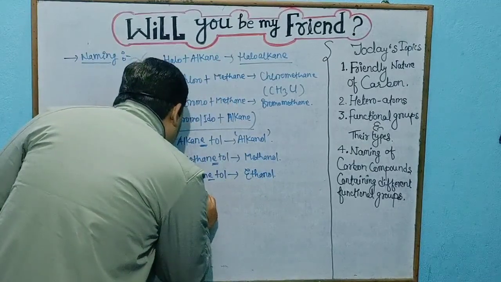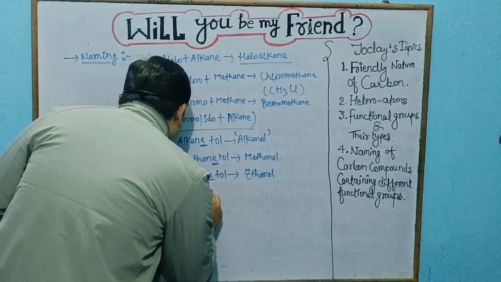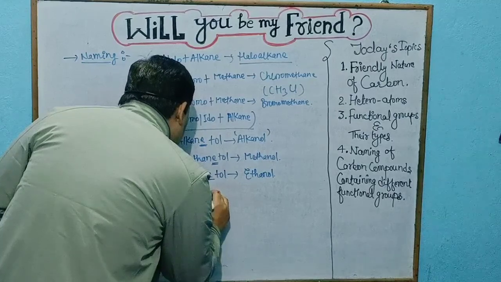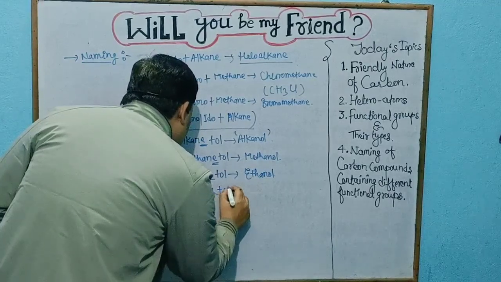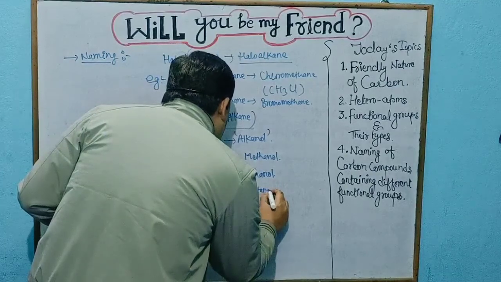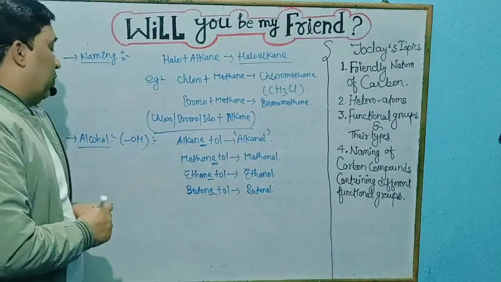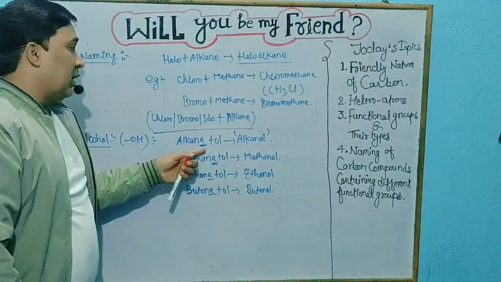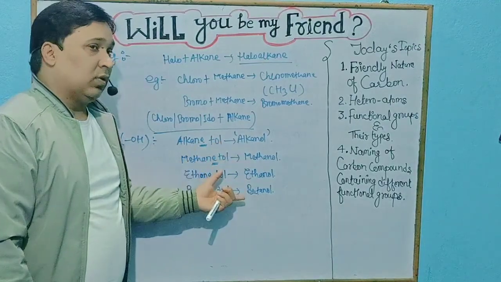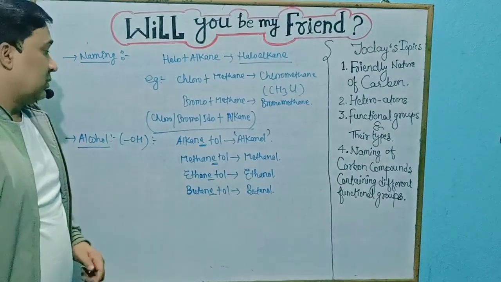In a similar manner, the alkane butane containing alcohol is named as butanol, right? So we name the alcohol by replacing E of alkane and adding OL as suffix to it. It becomes alkanol. In a similar manner, you can name the other alcohols also.